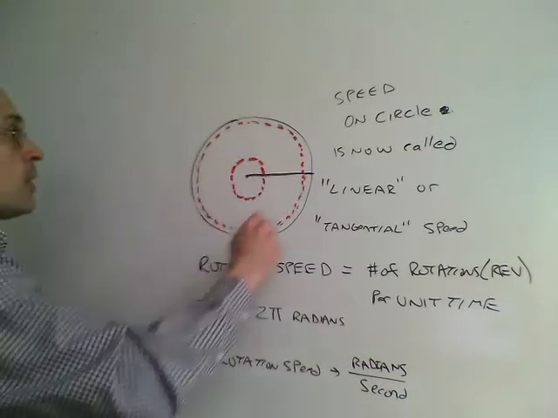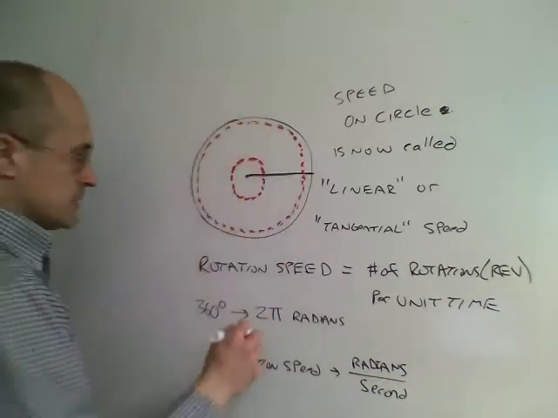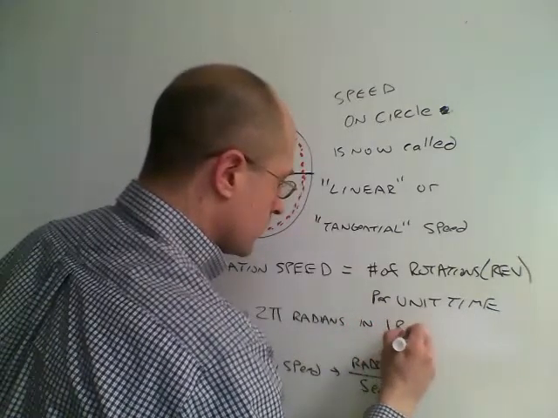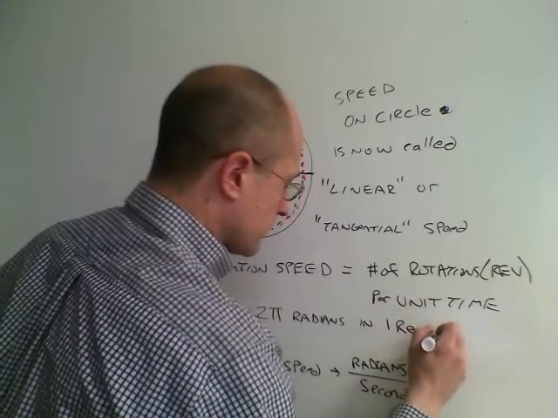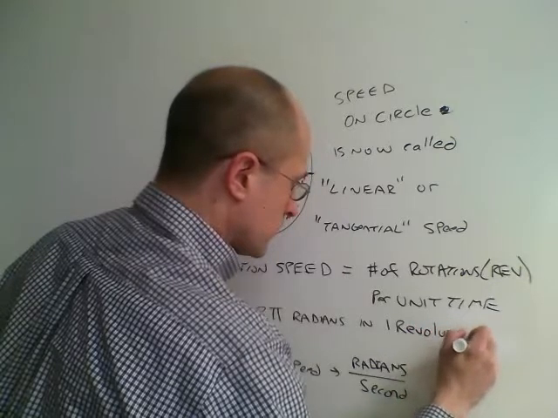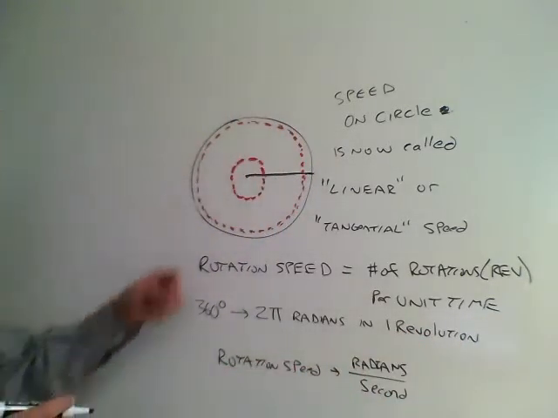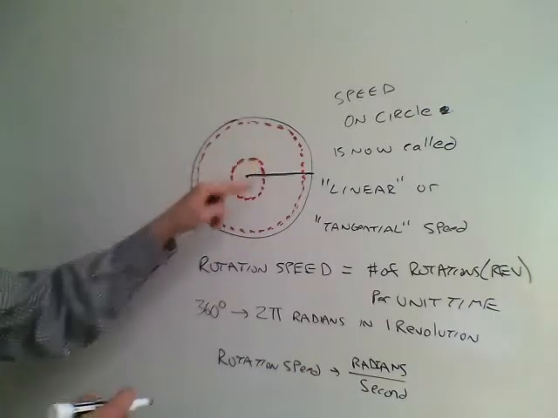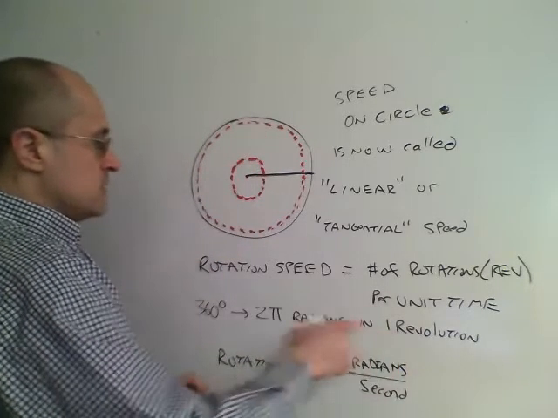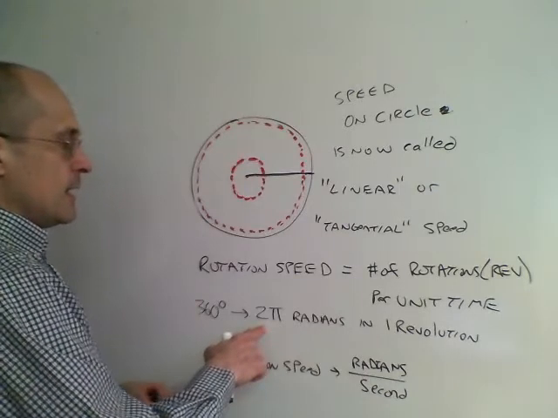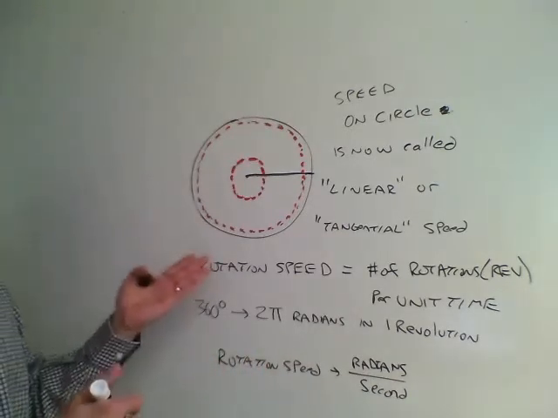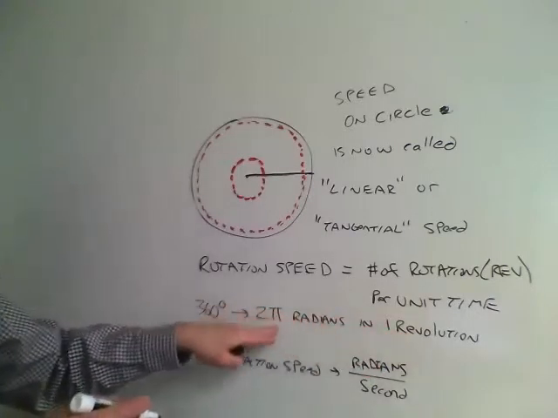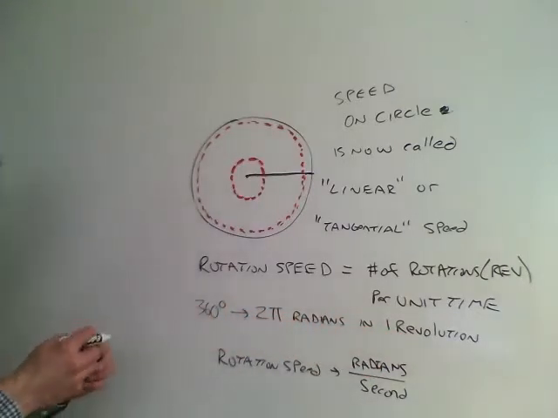So that means you did 1 revolution per second, since there's 2 pi radians in 1 revolution. So if you completed 2 revolutions in a second, you could take your 2 revolutions, multiply by 2 pi. That would mean you did 4 pi radians in a second, because every 1 revolution is 2 pi radians.